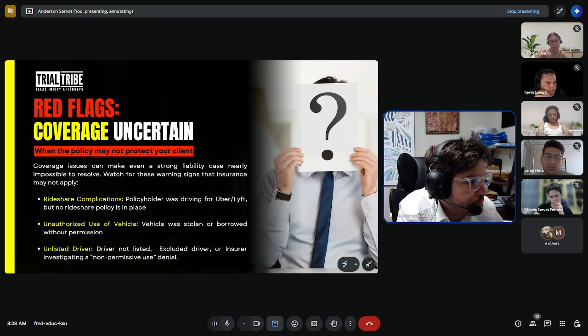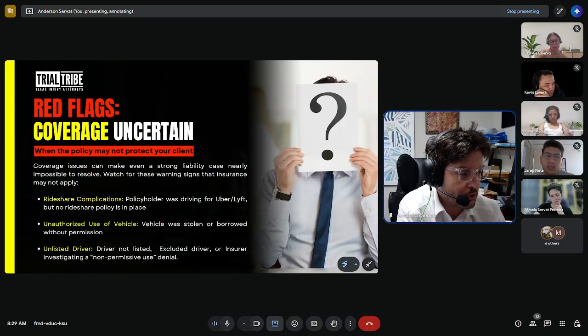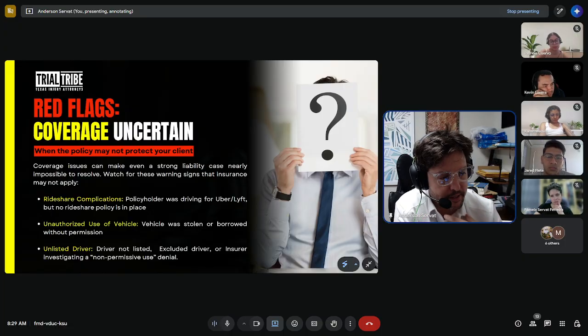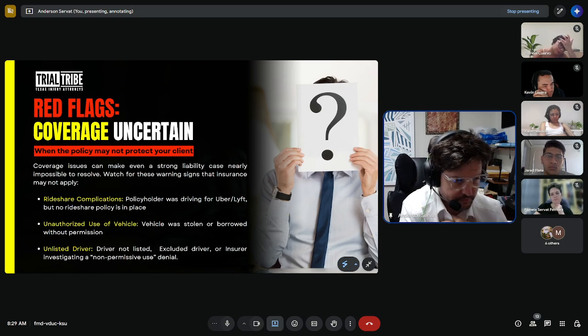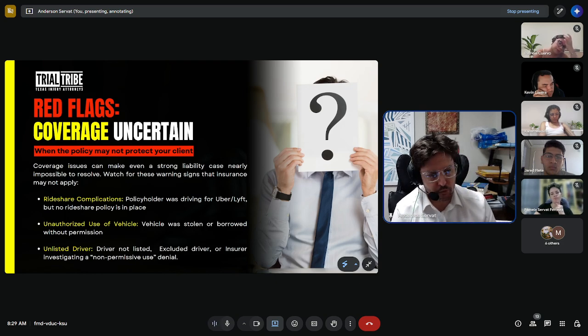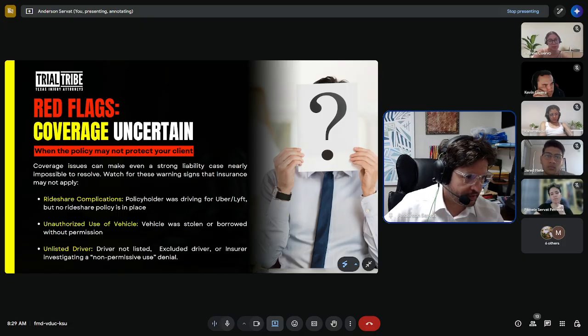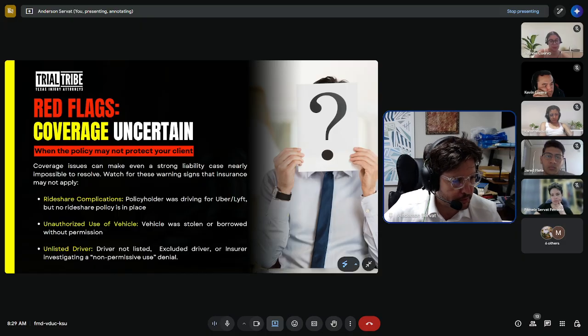So it's another point, something relevant: ride share. If the person is doing Uber or DoorDash or whatever, there are two things. First, Uber does not cover any kind of first party coverage if you are the driver, but Uber has a $1 million policy against third party. So if somebody is doing Uber and hit you or a client, there is a $1 million policy.